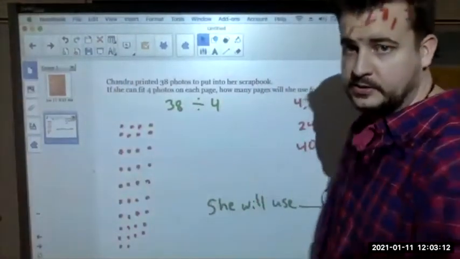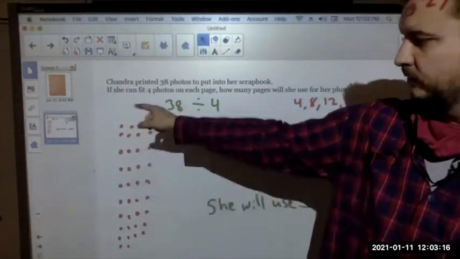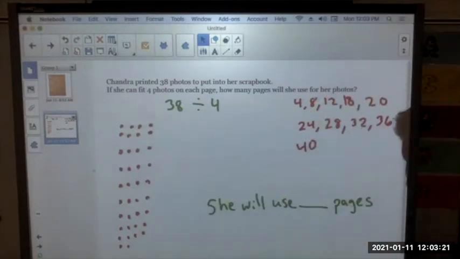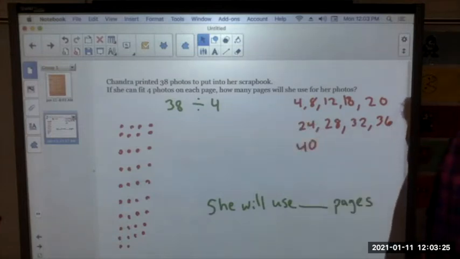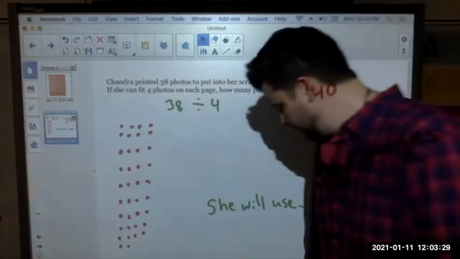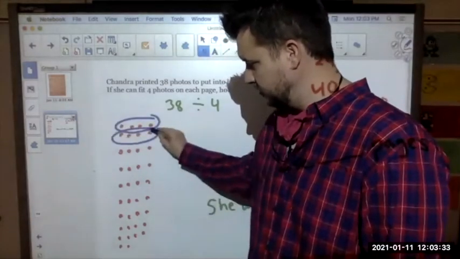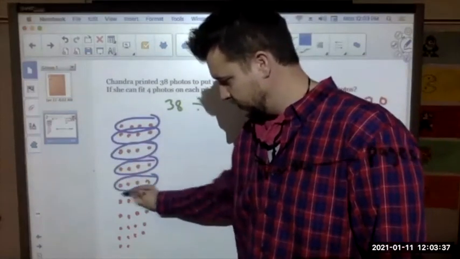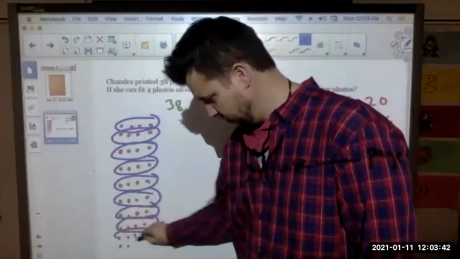Welcome back. So I've set up the 2 strategies right here. We have the dots, groups of 4, and we have our multiples. So hopefully you picked a strategy that works best for you. When I circle the groups of 4, I have 1, 2, 3, 4, 5, 6, 7, 8, 9.